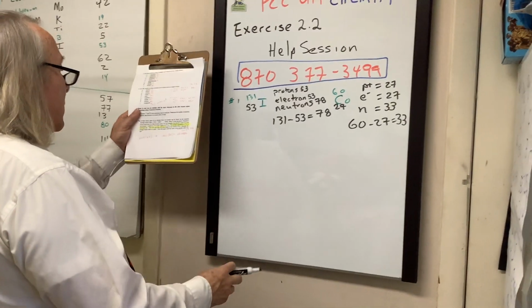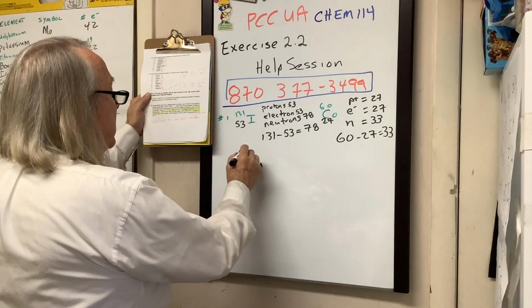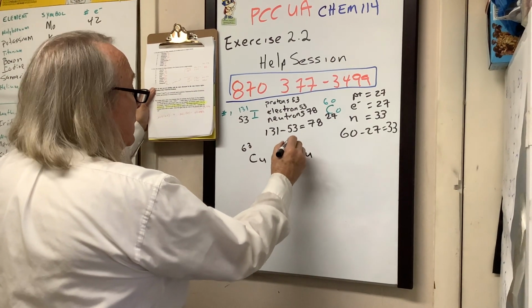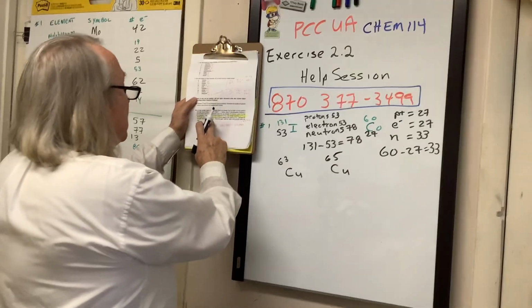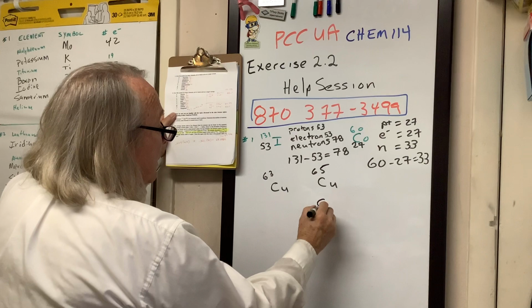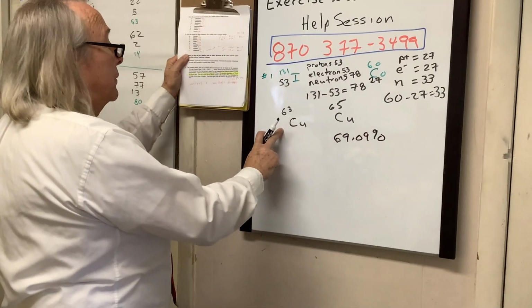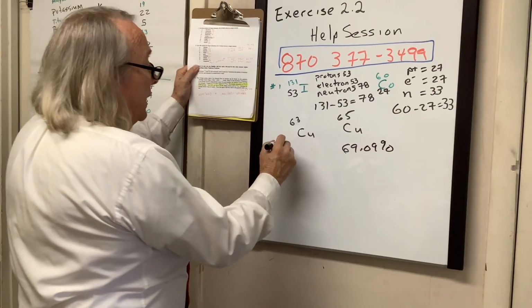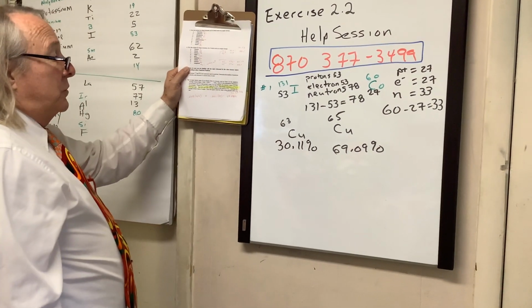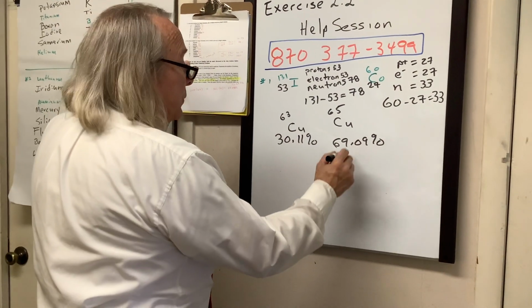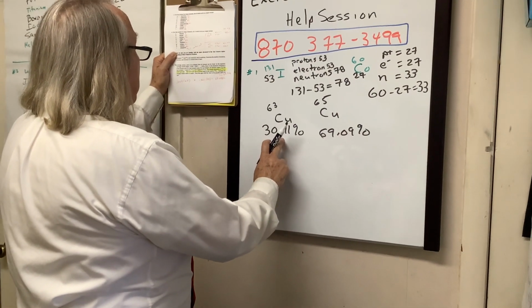They're saying that copper has two main isotopes, copper 63 and copper 65, and that their abundance of copper 63 is 69.09%, and the isotopic abundance therefore of copper 65 is 30.11%. Okay, so 69.09 and 30.91%.